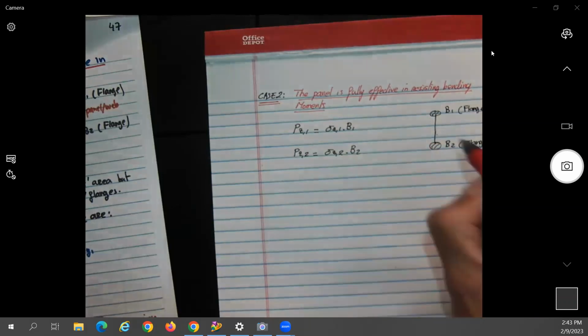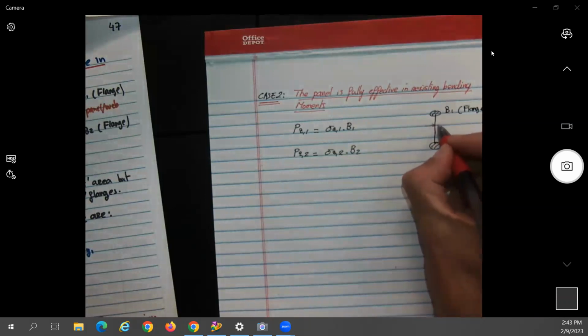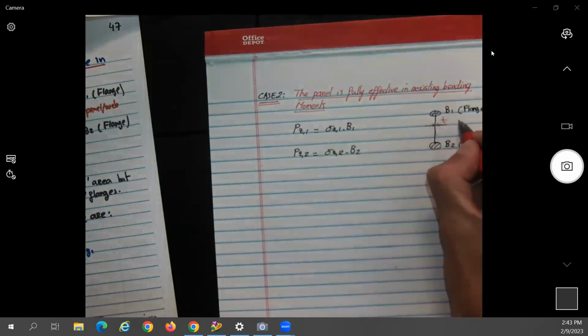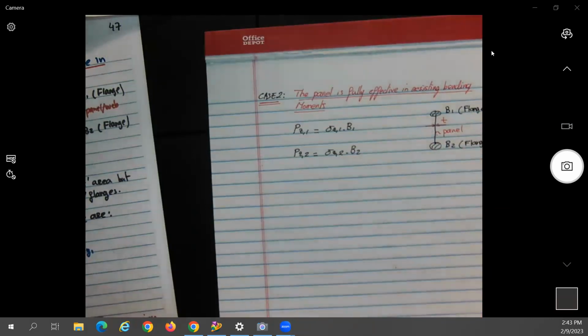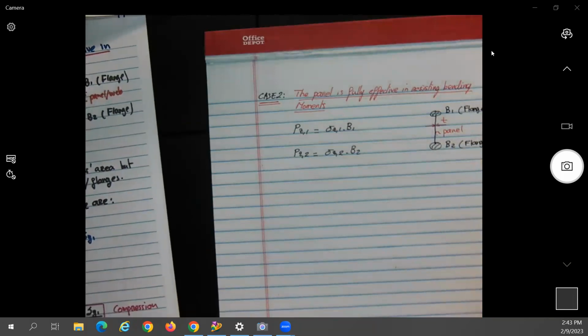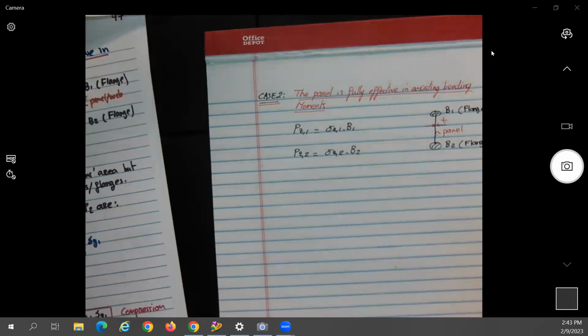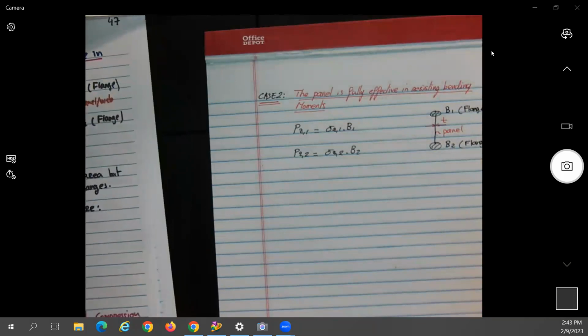All right, and in this case now we're going to say the skin is effective, or the panel is effective. This is the panel. Okay.